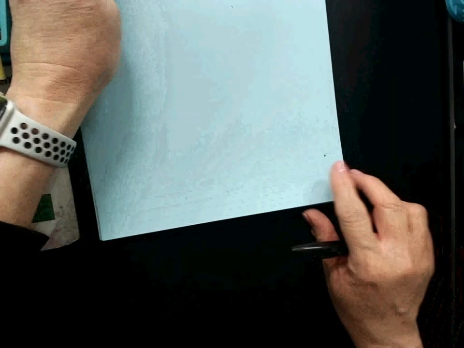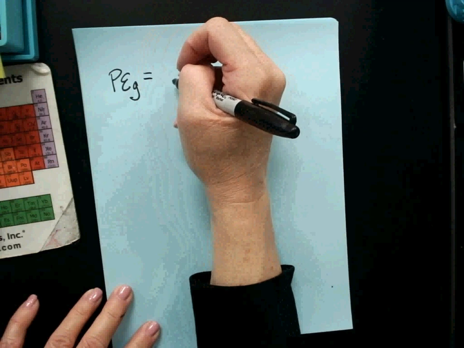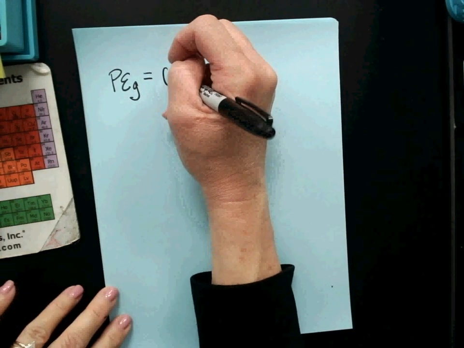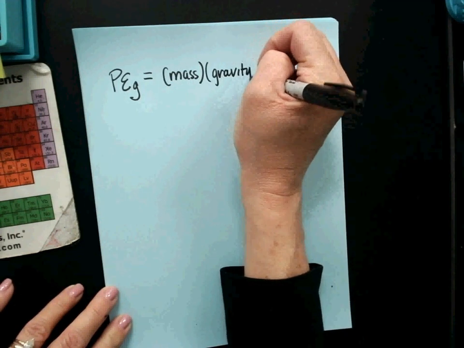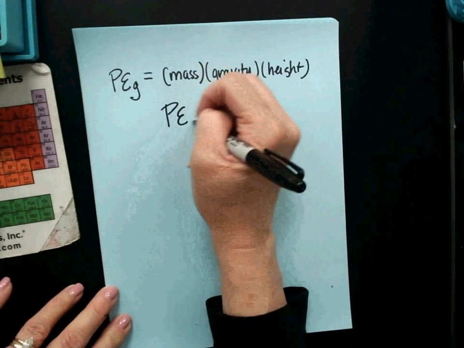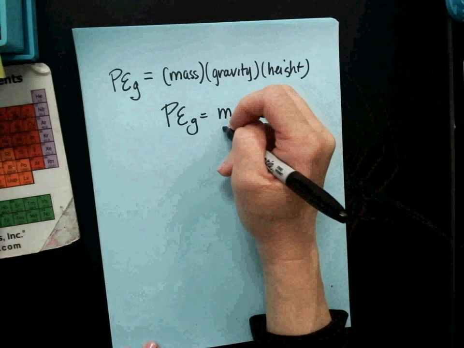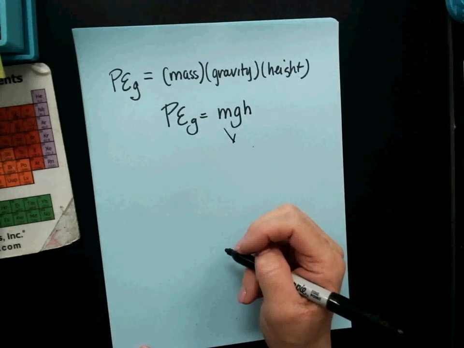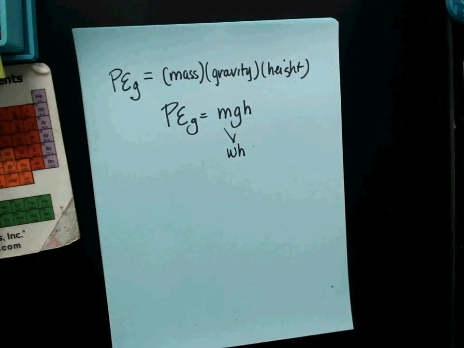But if I take this definition and I make it a formula, which I can do, I can say that PEG, or PE gravitational, is equal to mass times gravity, whatever that value is, times height, or PEG equals mgh. Looky there. What's mg? What equals mg? Blank equals mg. Wait, so it's like WH, really.